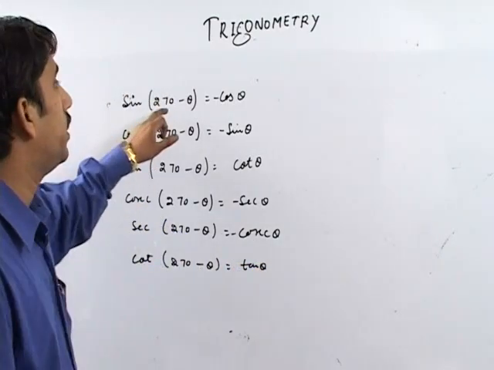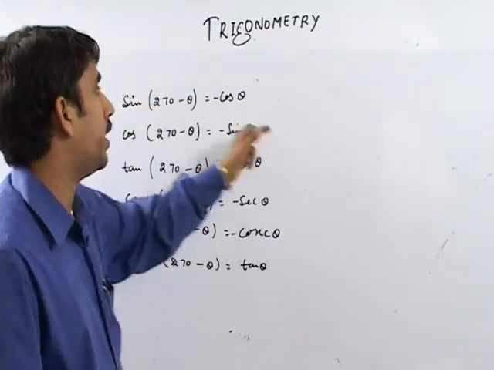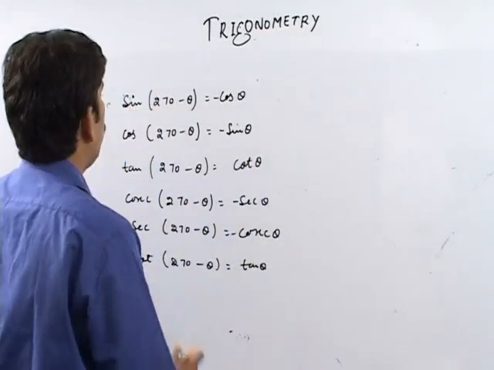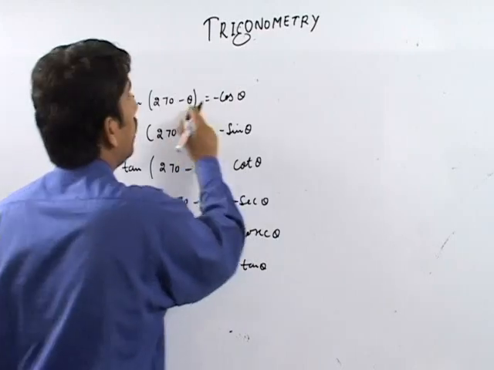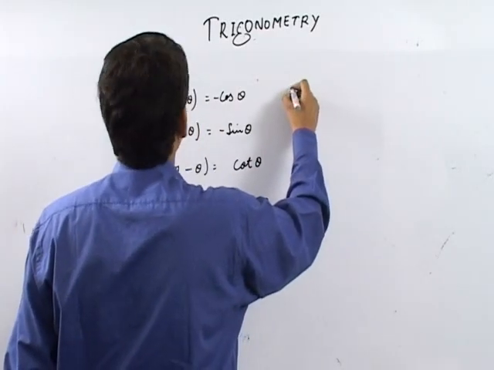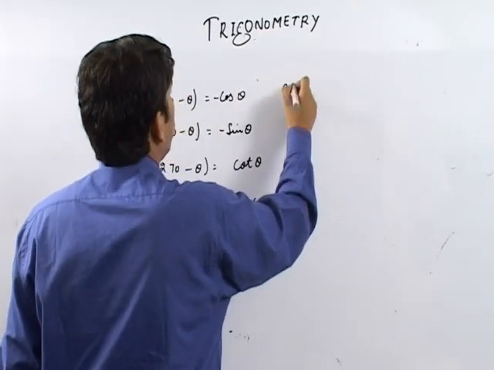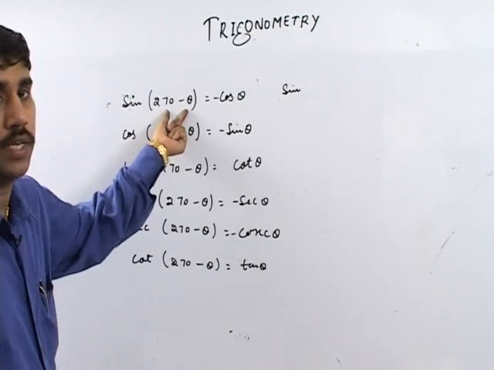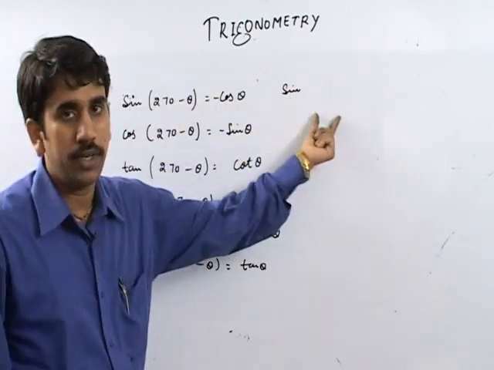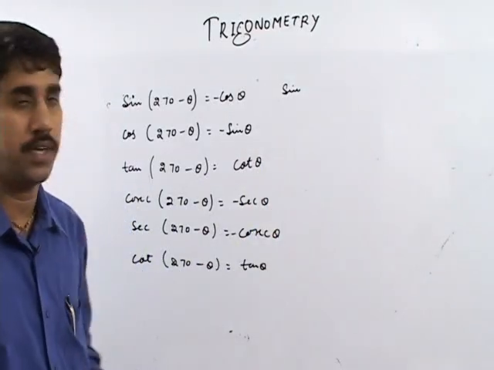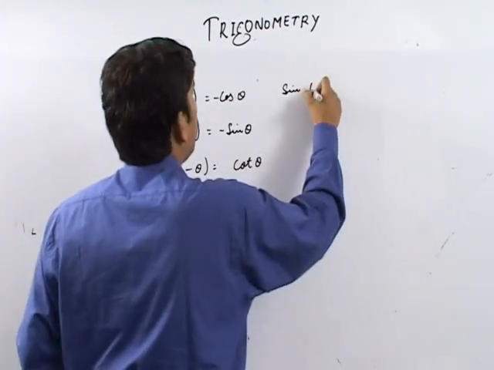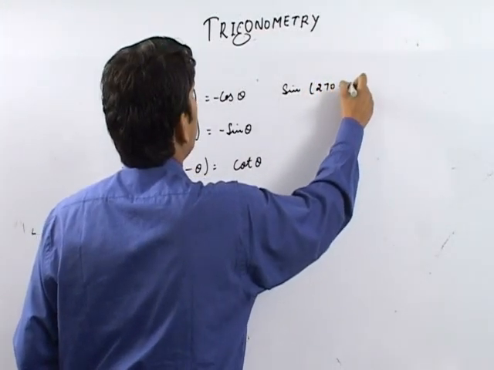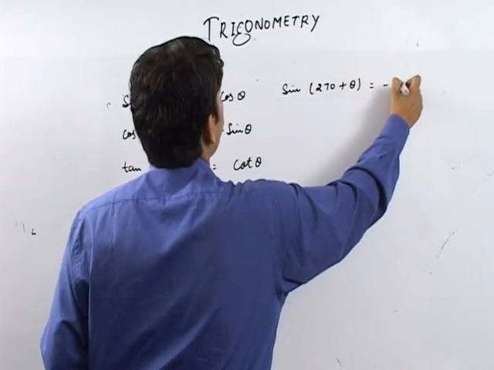Now in a similar way, you can write the third quadrant in two ways. One is 270 minus theta and the other one is 270 plus theta. But when you write 270 plus theta here, the quadrant becomes the fourth quadrant, and in the fourth quadrant cos and secant are positive. So sine of 270 plus theta will be minus cos theta.